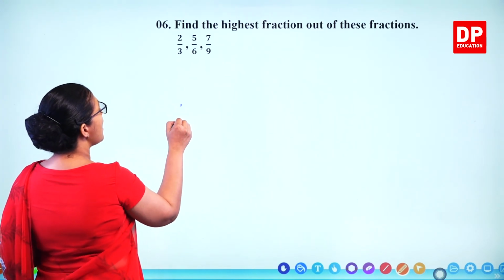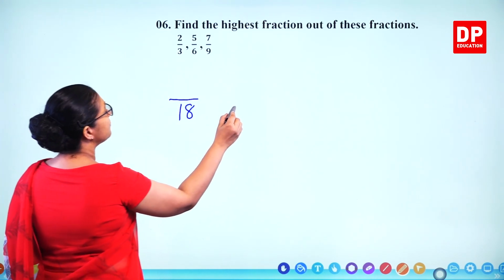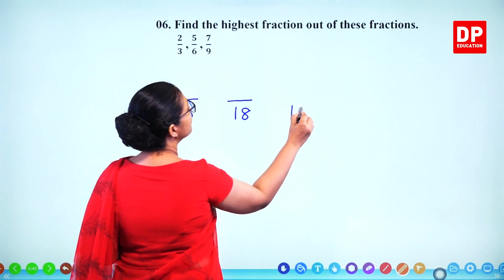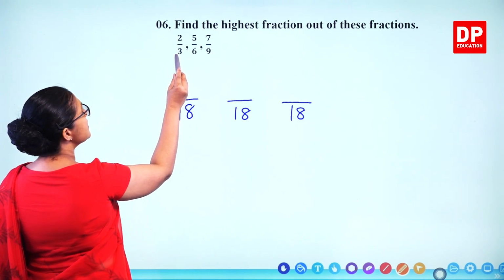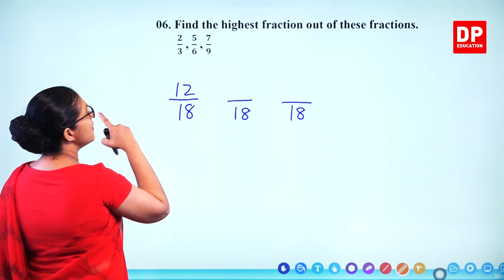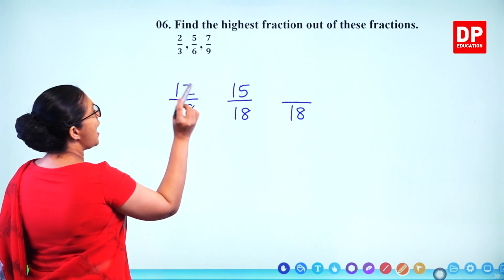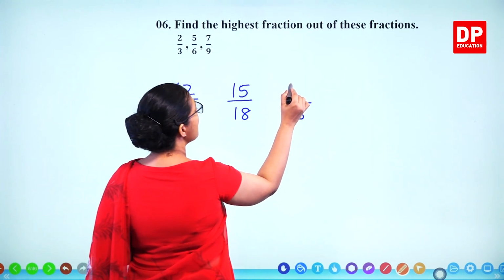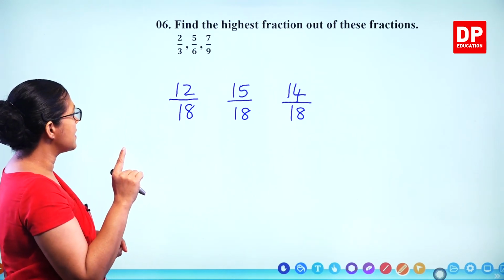So we'll find the equivalent fractions with denominator 18. You have to multiply by 6, 6 times 2, 12. This is multiplied by 3, 3 times 5, 15. And multiply by 2, 2 times 7, 14. So those are the 3 fractions.